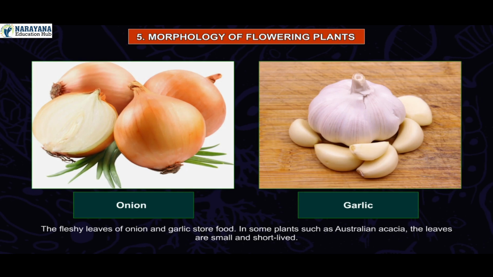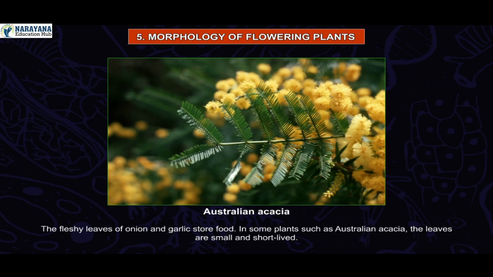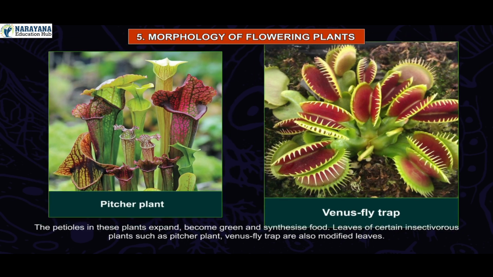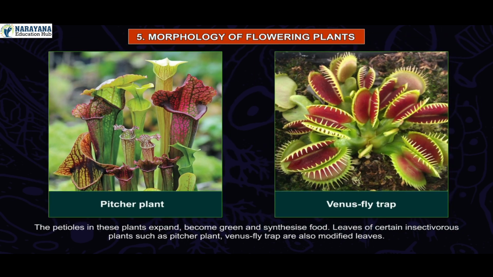In some plants, such as Australian acacia, the leaves are small and short-lived. The petioles in these plants expand, become green, and synthesize food. Leaves of certain insectivorous plants, such as pitcher plant, Venus flytrap, are also modified leaves.